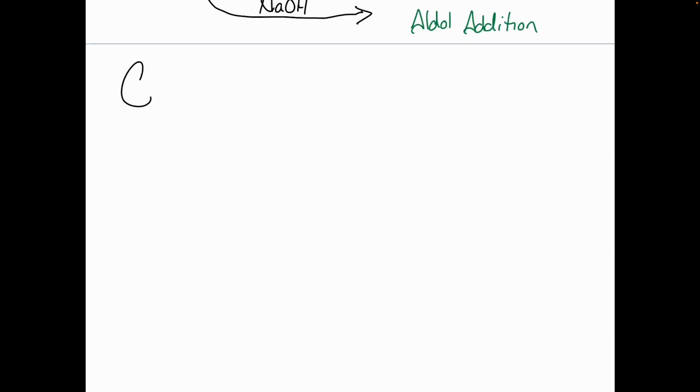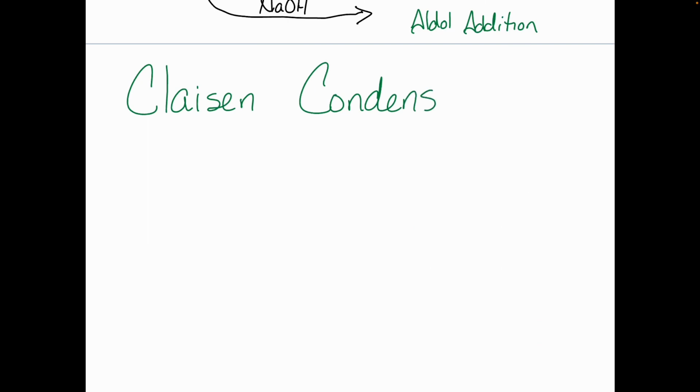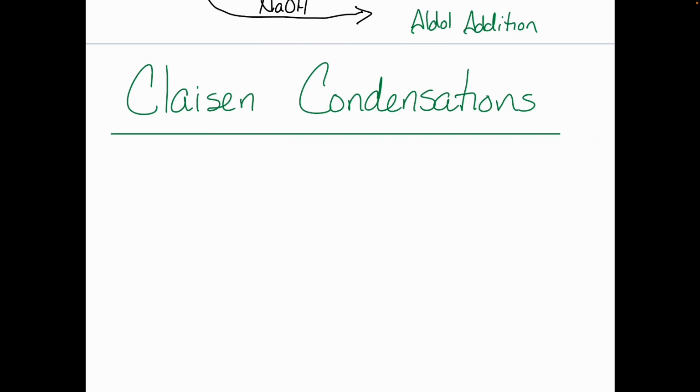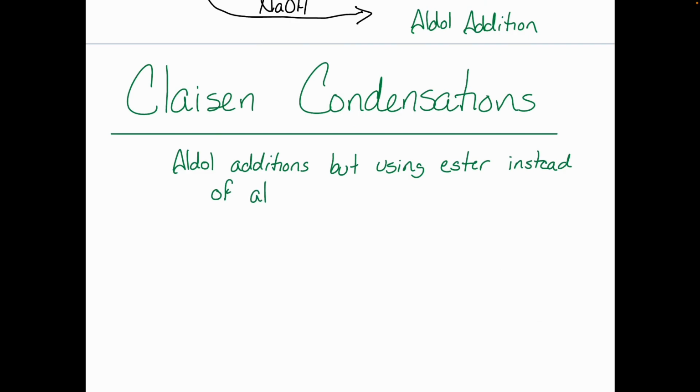All right, so now we're going to actually talk about the Claisen condensations. These are very, very similar to our aldol addition reactions, but using an ester instead of an aldehyde or ketone.